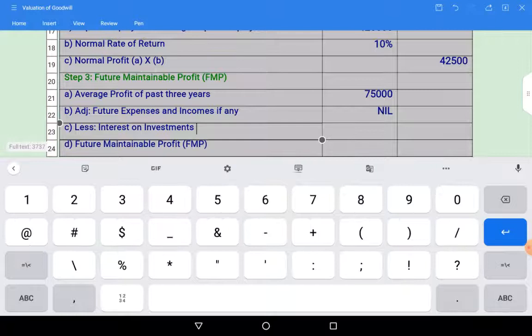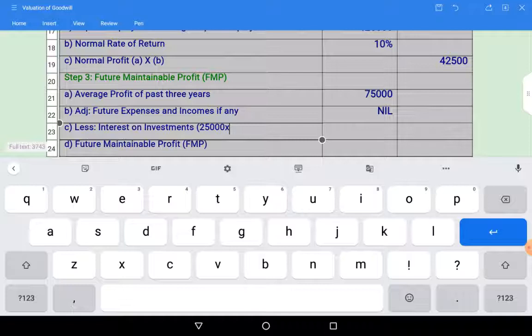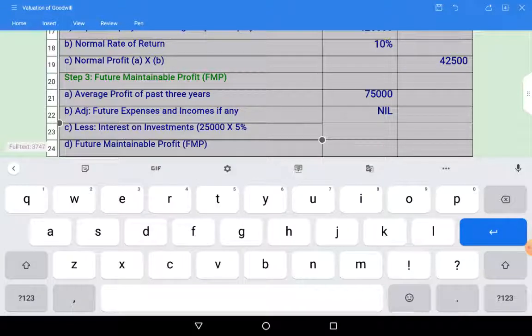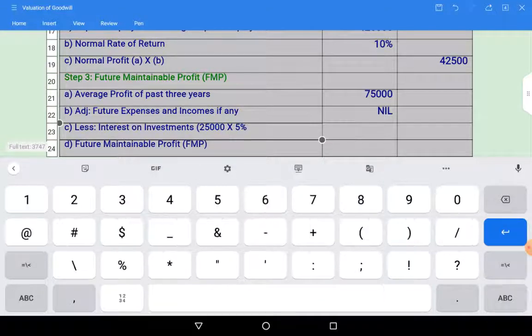We are having 25,000 investments, on that you are going to get 5% interest. Five percent of 25,000 is 1,250. Sir, where it is given I will show, don't worry.